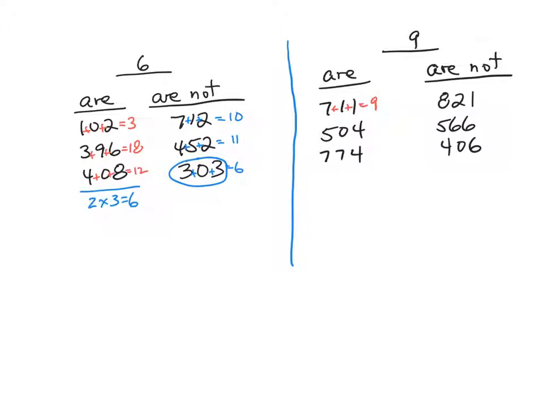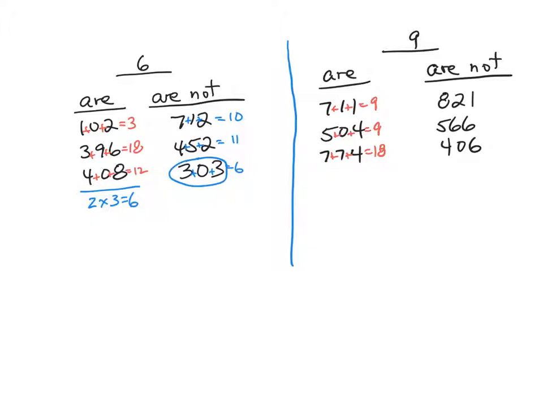It is very similar to the rule for 3. 7 plus 1 plus 1 is equal to 9, and 9 is divisible by 9. 5 plus 0 plus 4 is equal to 9, and 9 is divisible by 9. 7 plus 7 plus 4 gives me 18, and 18 is divisible by 9.